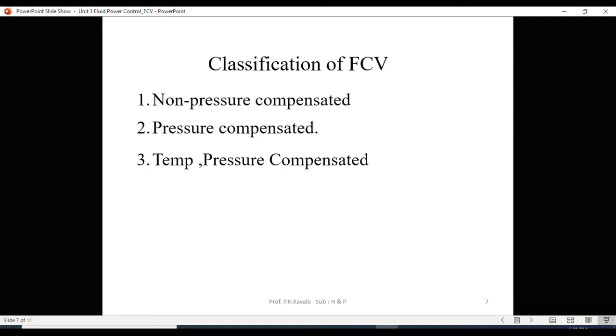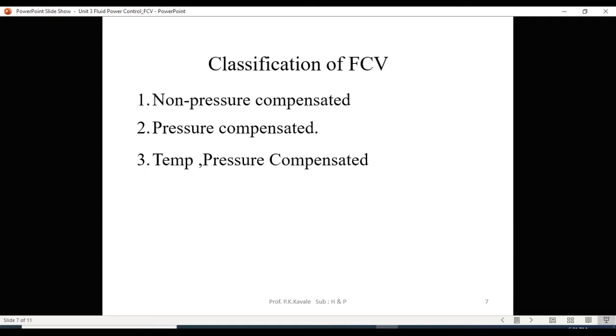Some requirements need pressure compensation, where most of the time the downstream pressure should be constant. Sometimes when handling liquid, due to operating pressure and temperature ranges, viscosity changes. If viscosity changes, the flow may be affected. Hence temperature pressure compensated.